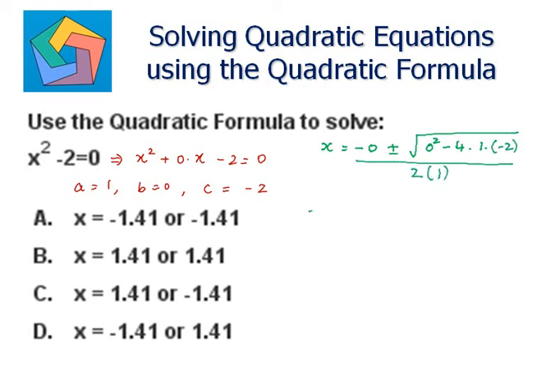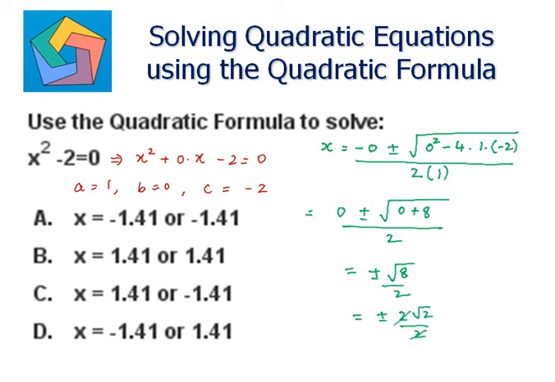0 plus minus square root of 0 plus 8 divided by 2, or I can say plus minus square root of 8 by 2. Square root of 8 is 2 square root 2. So 2 root 2 by 2, 2 goes away. I can say x is equal to plus minus square root 2, or x is equal to plus minus 1.41, which is the value of square root 2.